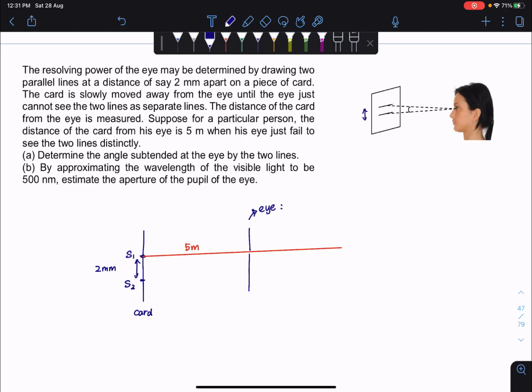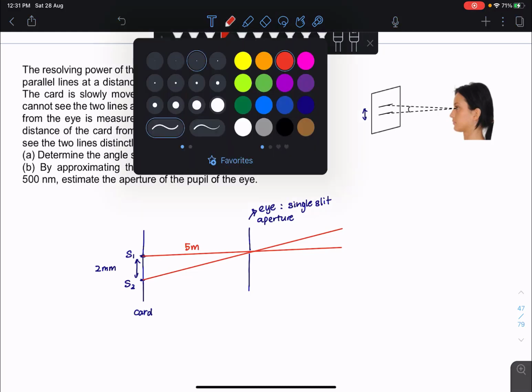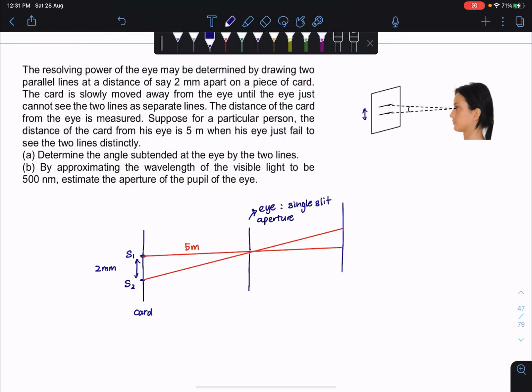The eye aperture is the single slit. And then of course the second line is also going to pass through the eye, and they are going to form an image at the back of my eye, which I register.